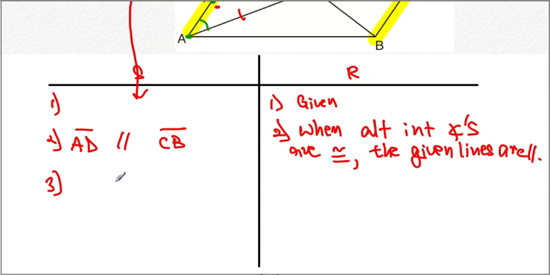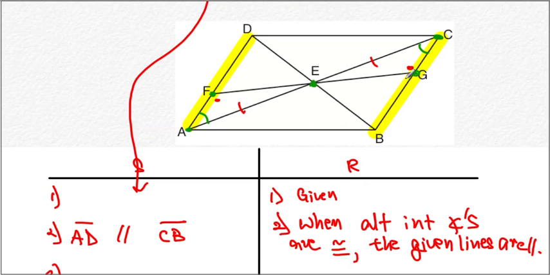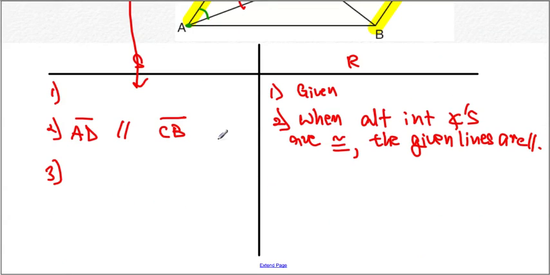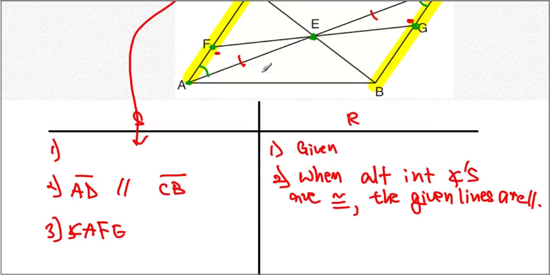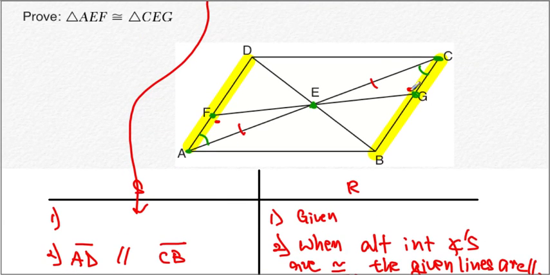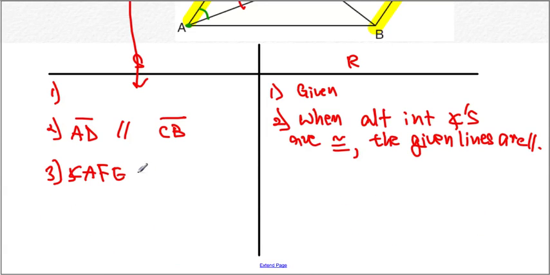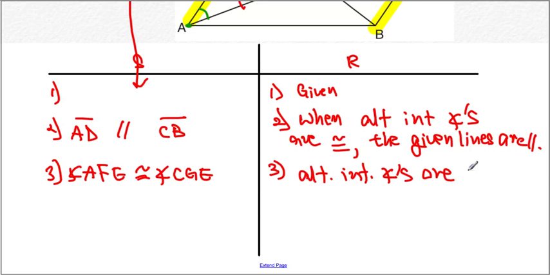Now, number 3, we can say that angle AFE and angle CGE are congruent because alternate interior angles are congruent in parallel lines.